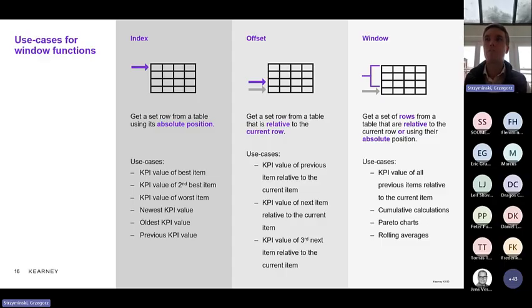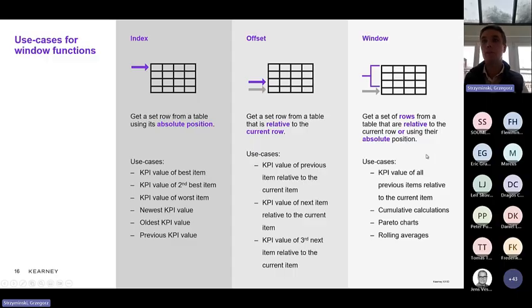And interestingly enough, the window function window can also return just one row because a set of rows is also a row. And basically the window function functionality covers the use cases of index and offset as well, but it also has the most complex syntax. So I would recommend to go for the easiest window function that you can use in your current scenario.